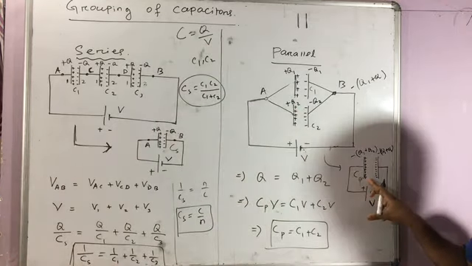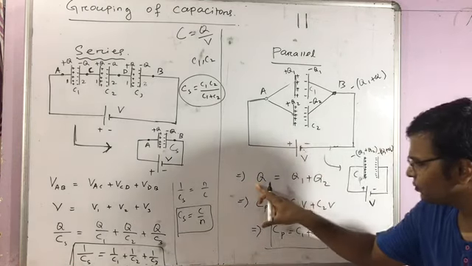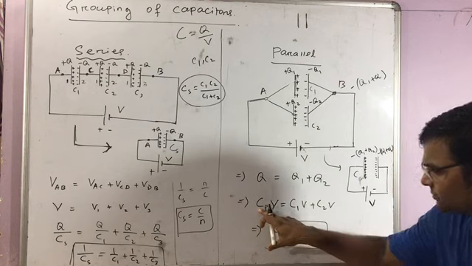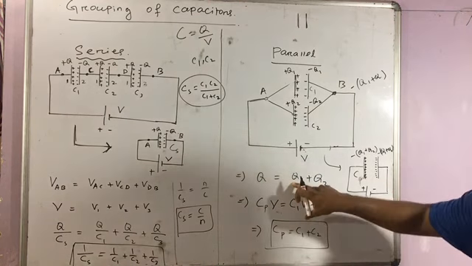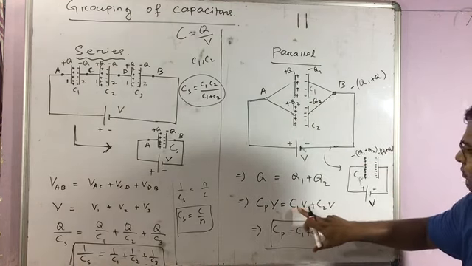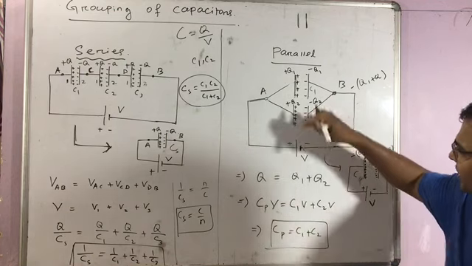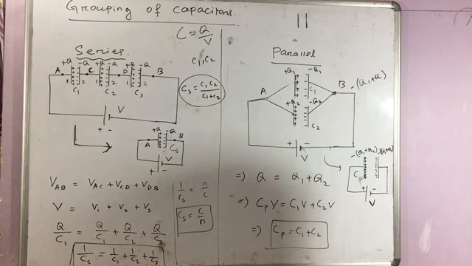So your effective capacitance is Cp. So Q is equal to Cp into V. For Q1, that is C1 into V, and for Q2, that is C2 into V. Why V? Because the potential difference across all the capacitors will remain same.